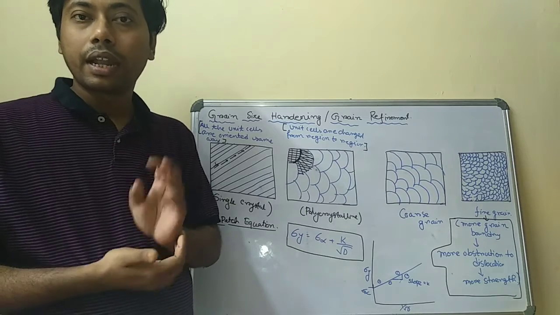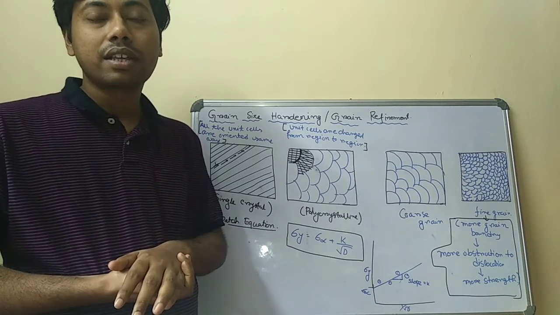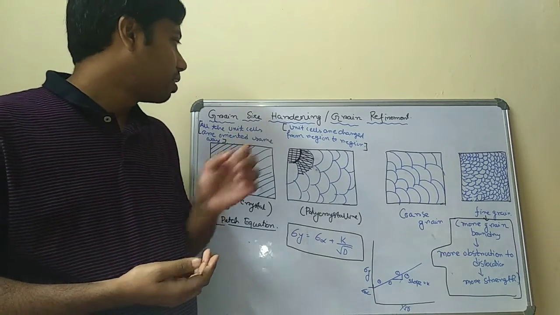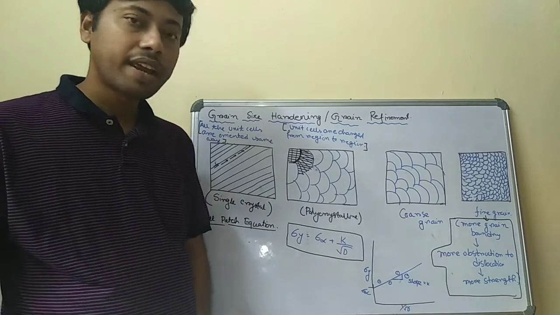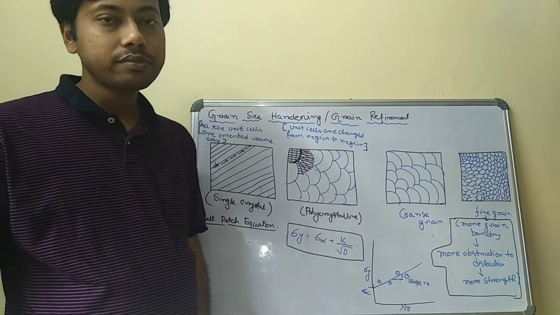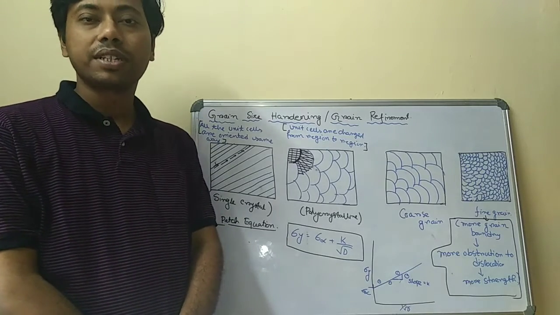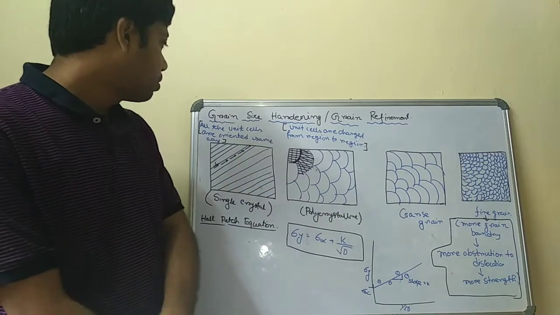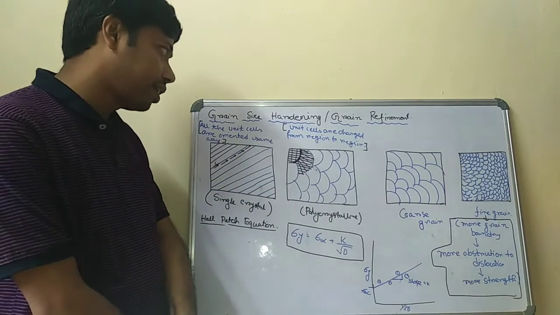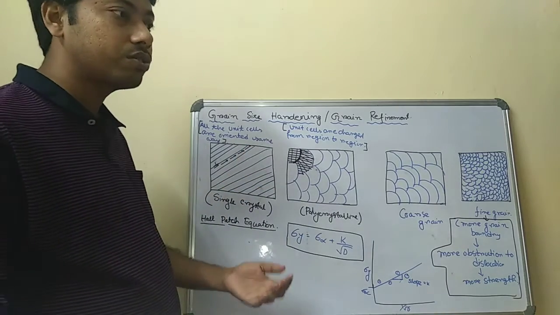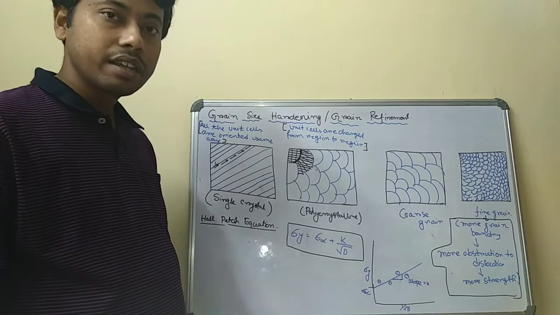The other two were grain size hardening, or grain refinement, and the last was precipitation hardening. Now we will discuss grain size hardening, which is sometimes also called grain refinement.